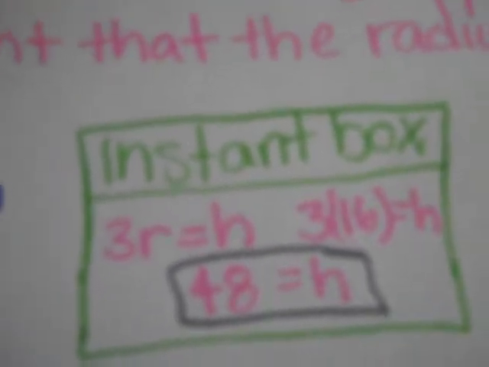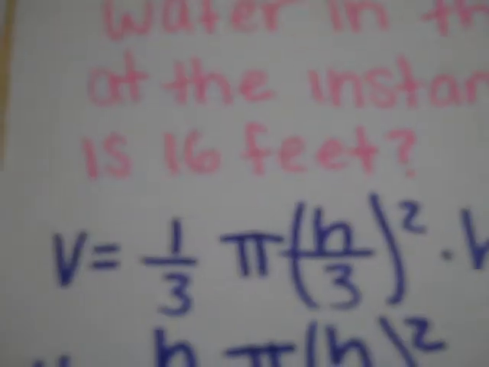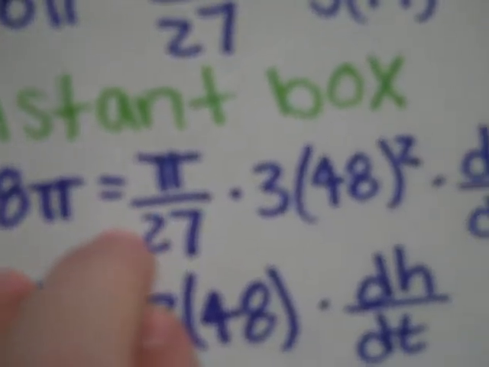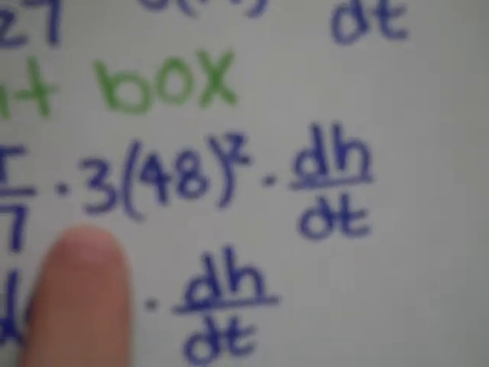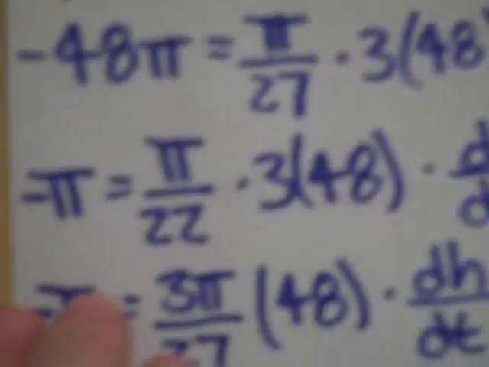And then you do an instant box. 3r equals h. 3 times 16, because that's what the instant is, 16 feet, equals h, which is 48. So you have negative 48π equals π over 27 times 3 times 48 squared times dh/dt.